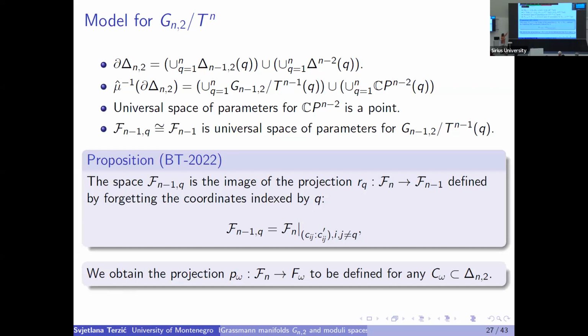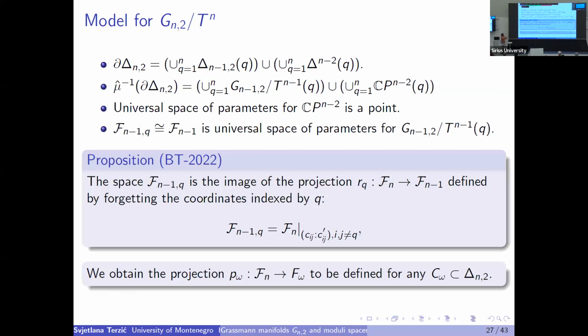What we proved is that this Fn minus q, which is the universal space of parameters of the Grassmannian that sits above the hypersimplex on the boundary of delta n2, is actually the image of a projection.